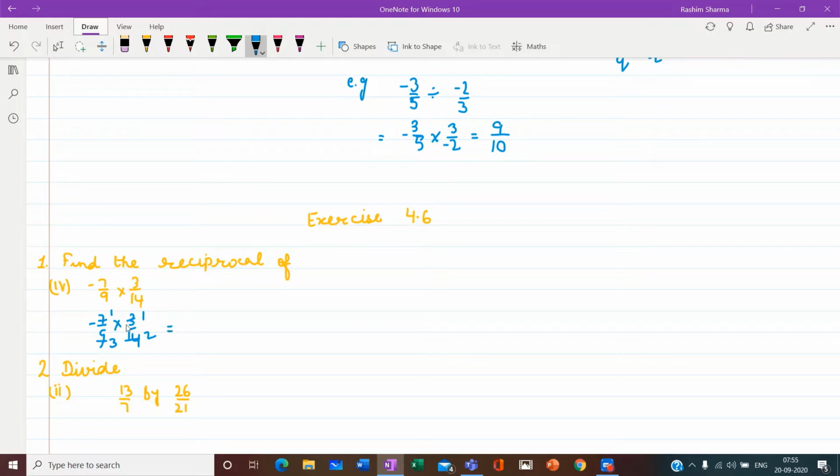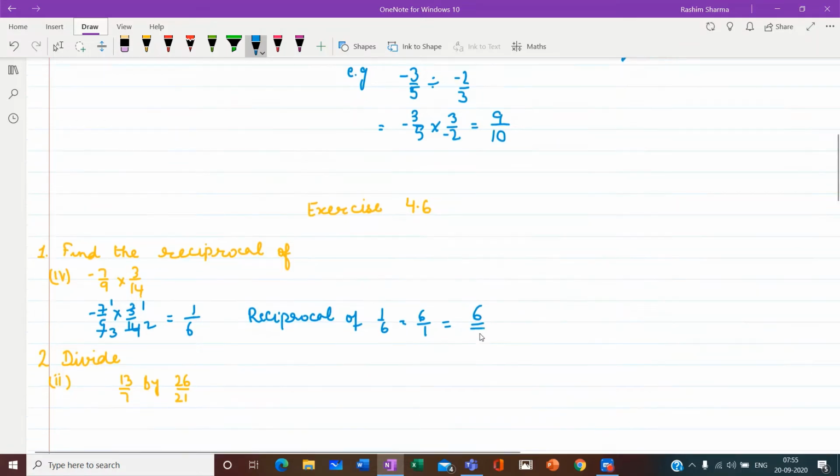And here we get number 1 in numerator, and here 3 into 2 is 6. Alright, now when we have to write its reciprocal, so we will write here reciprocal of 1 on 6, that is equal to 6 on 1. We reciprocate, we exchange the numbers. Okay, it is equal to 6.